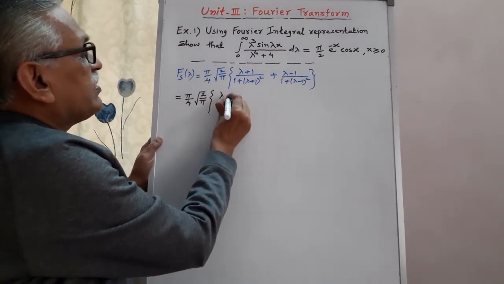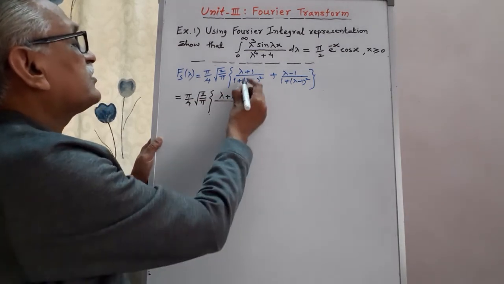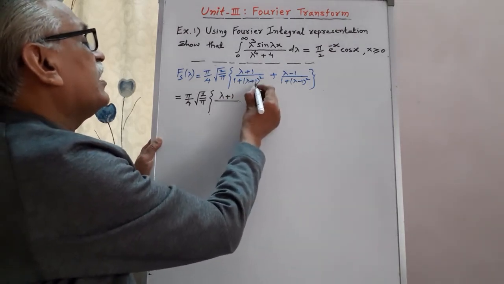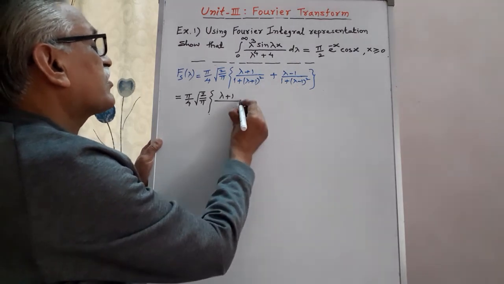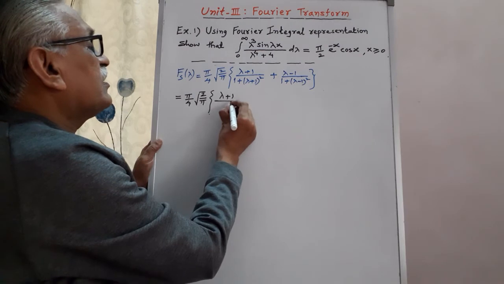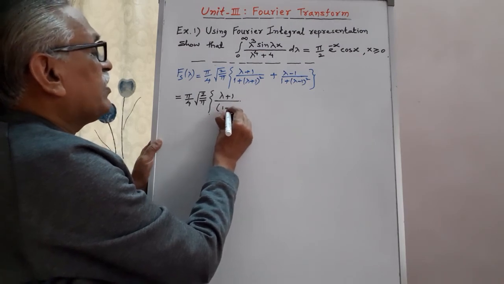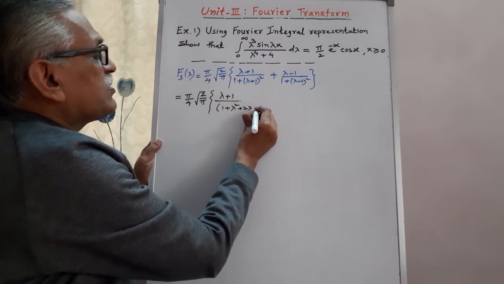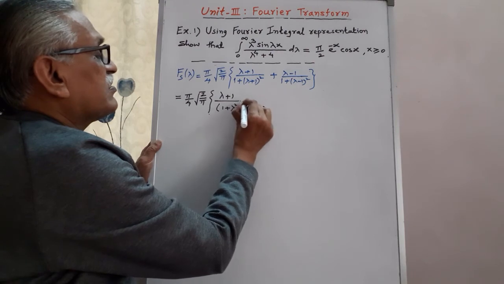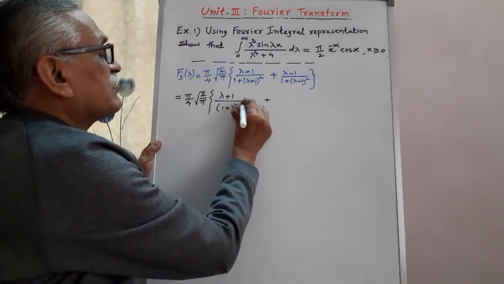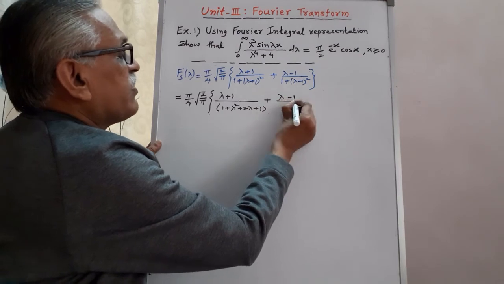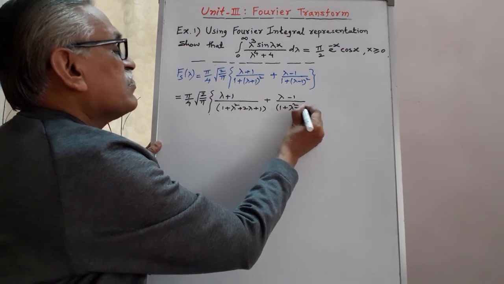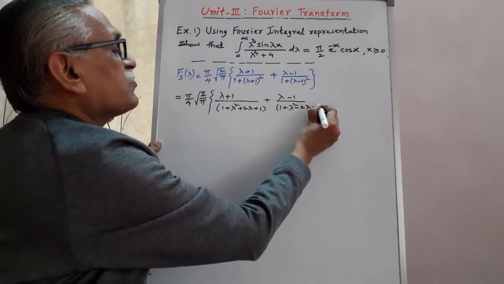it is equal to pi by 4 into root 2 by pi as it is. It is lambda plus 1 divided by, if we take the LCM, here it is 1 plus the expansion of this, lambda square plus 2 lambda plus 1, and plus lambda minus 1 divided by, again expanding it, 1 plus lambda square minus 2 lambda plus 1.